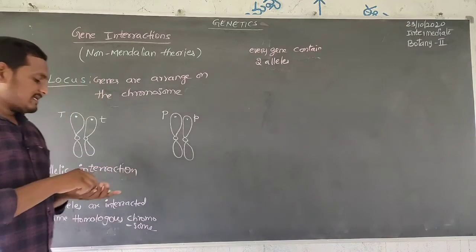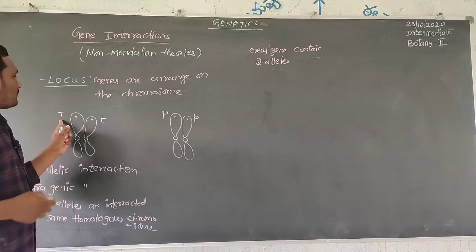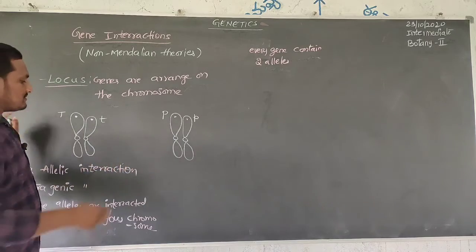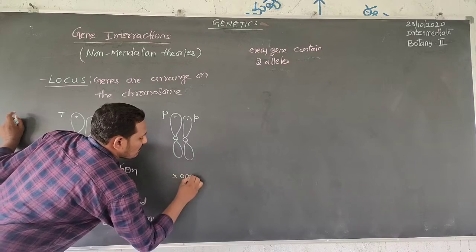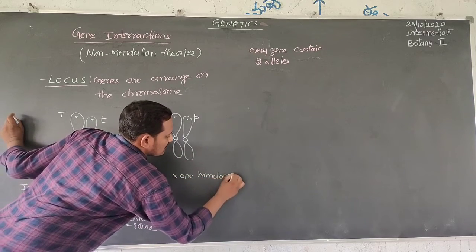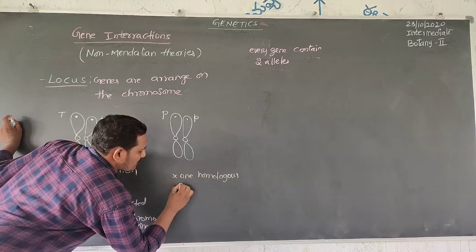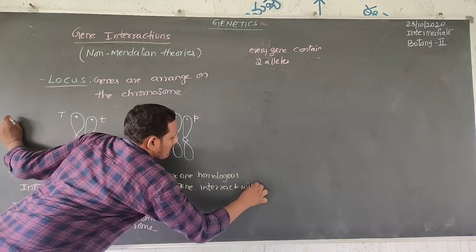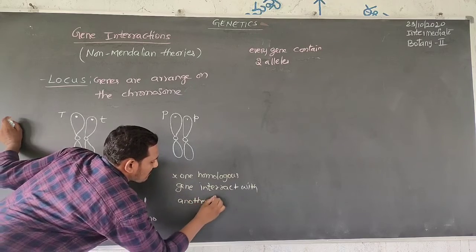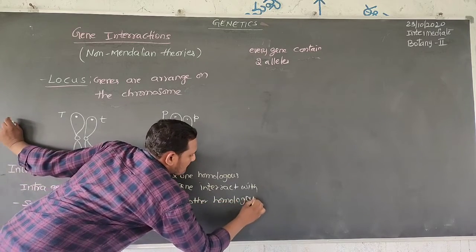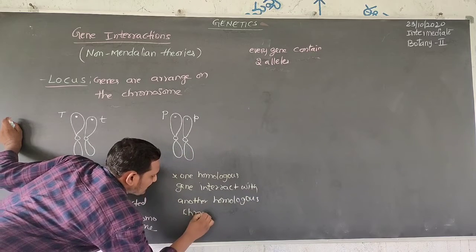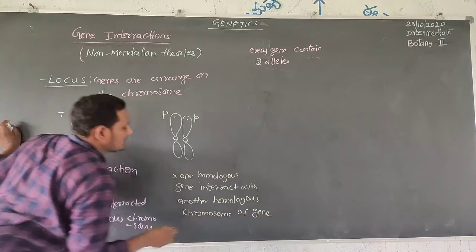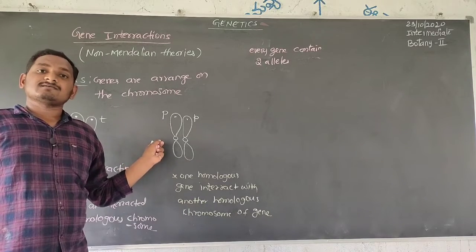Next, this type of interaction: one homologous pair of genes interacts with another homologous pair of genes. So one homologous gene interacts with another homologous chromosome of gene, that is non-allelic interaction.